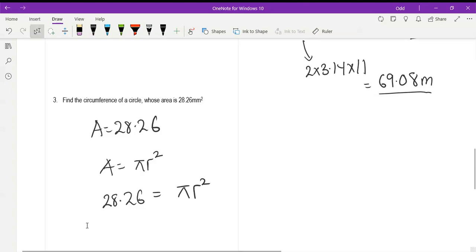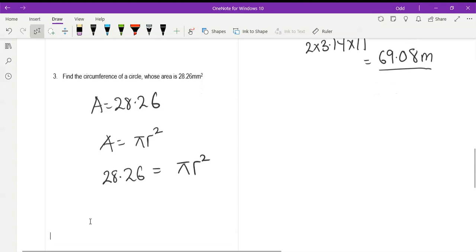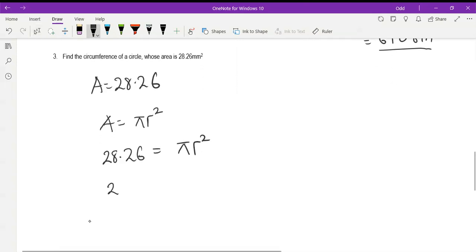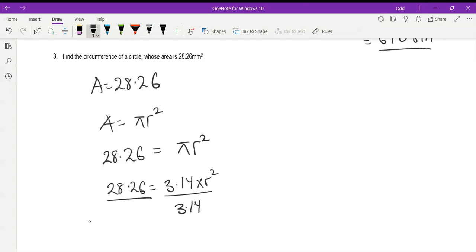What is our pi? We're going to use 3.14. So 28.26 is equal to 3.14 times r squared. We can divide both sides by 3.14. 28.26 divided by 3.14 gives us 9. So r squared is 9. We just need r, so we can square root both sides.